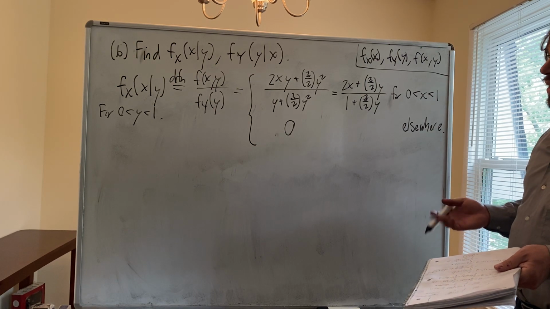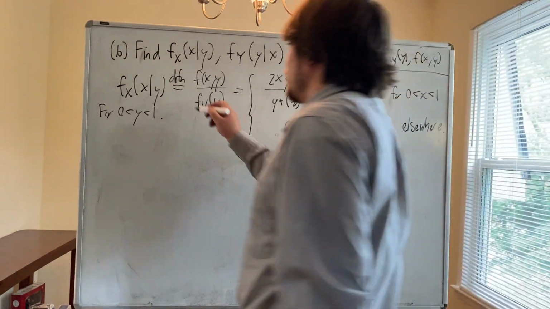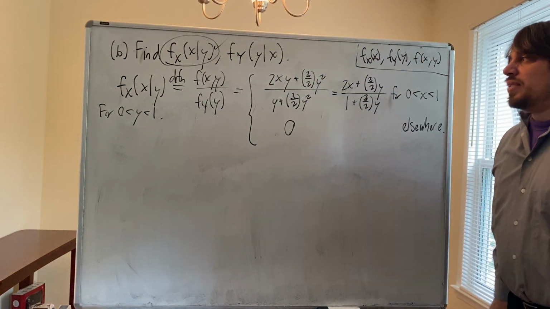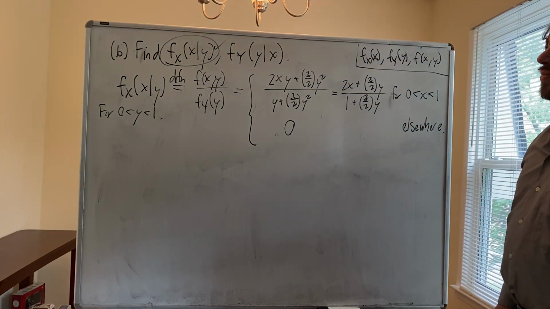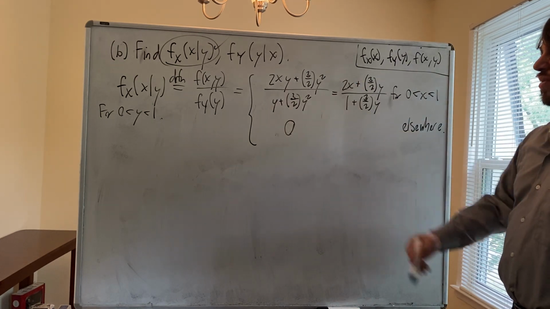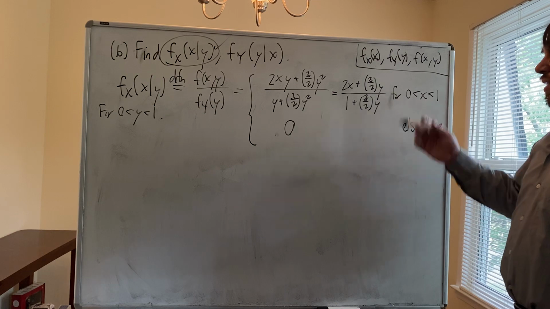So that's that function. That's f of x comma y, that's f sub Y of y. Divide, and you get that.